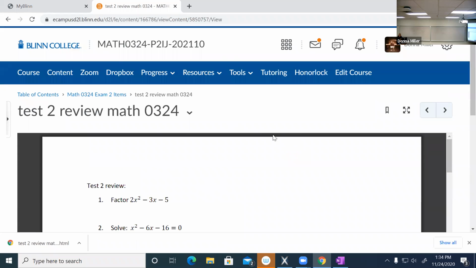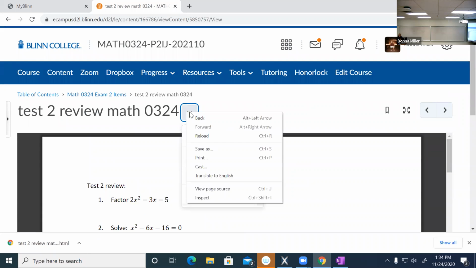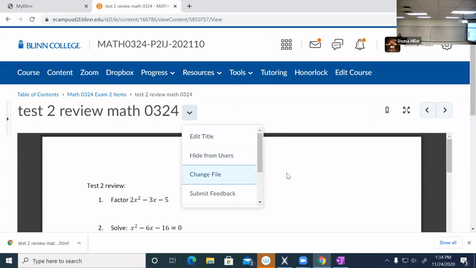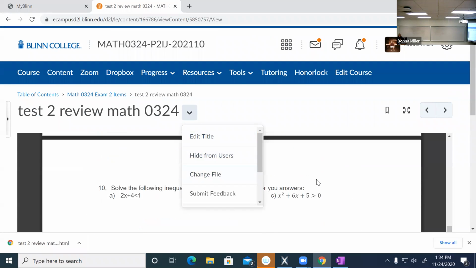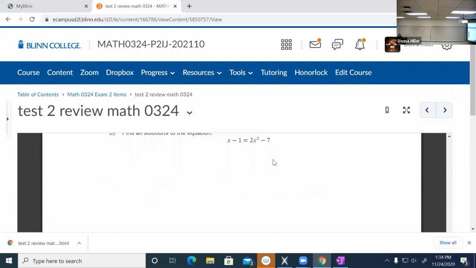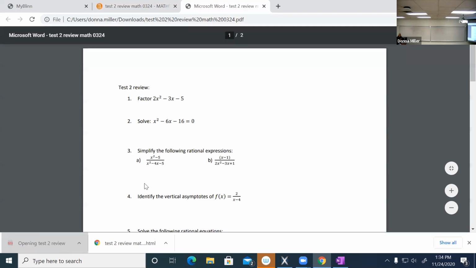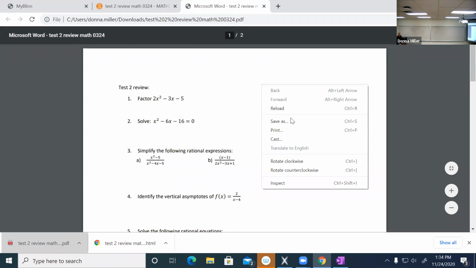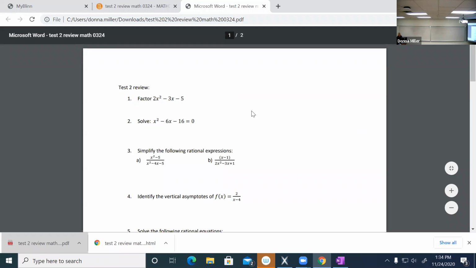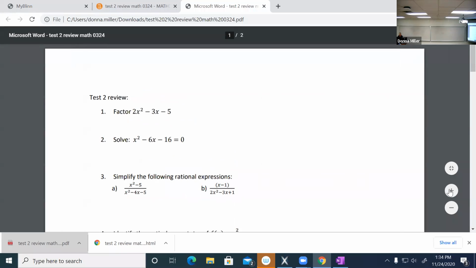For some reason, I can't find the download. There we go. No, I can't. How come I can't download this? Oh, there we go. Download. I'd rather have a PDF. All right. Let me get a little bit bigger so I can see it better. It's not going bigger. Oh, here we go. We'll do this. All right, there we go.